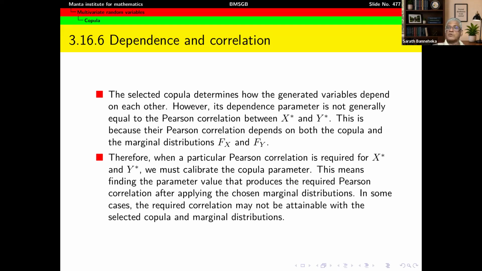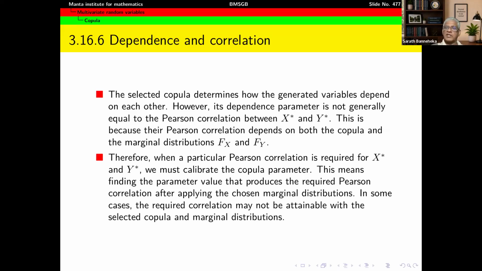That is the Pearson correlation coefficient between the two standard normal random variables, not the Pearson correlation between X and Y, right? So therefore, if we want, for example, the Pearson correlation coefficient between X and Y to be r, if we say rho equal to r in the Gaussian formula, that will not be correct.